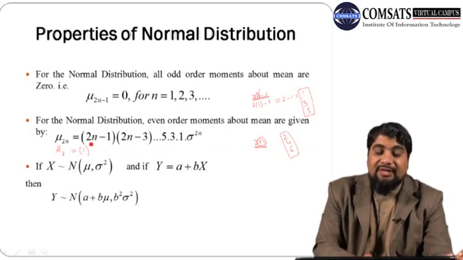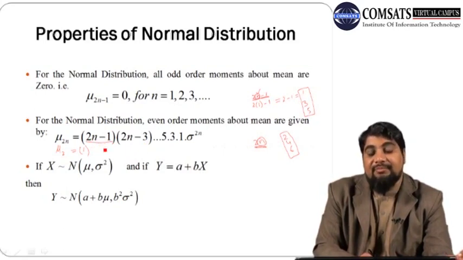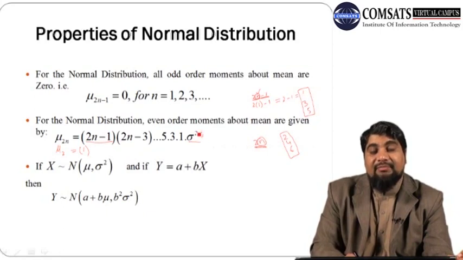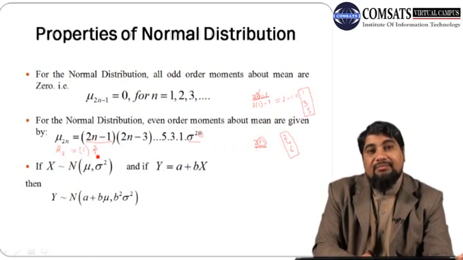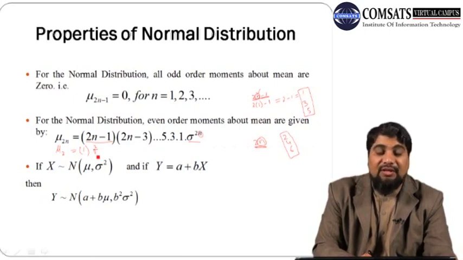So we consider only the first term of this product, and last you need to write this expression sigma 2n. Just replace n by 1. So it is sigma square. So mu 2 is sigma square. So second moment about mean is sigma square. We know that the second moment about mean is the variance, which is sigma square.